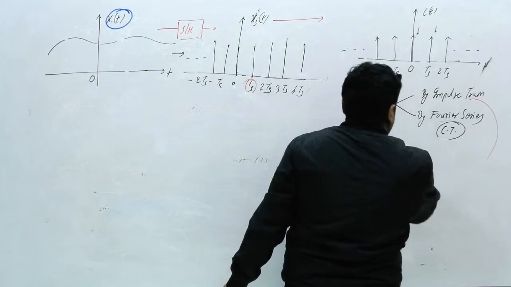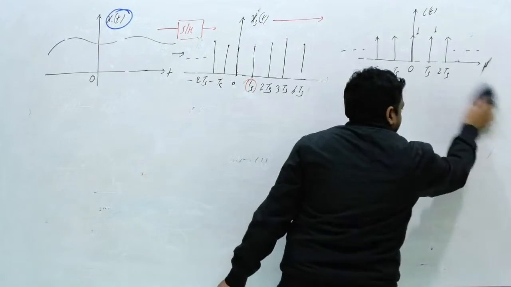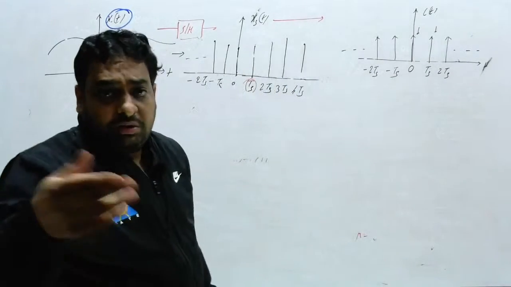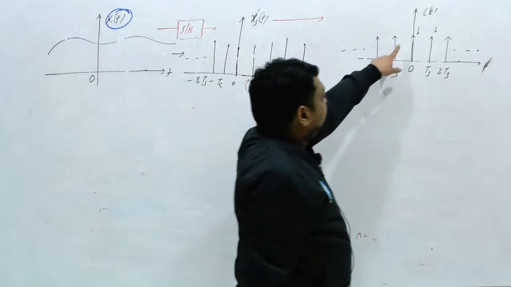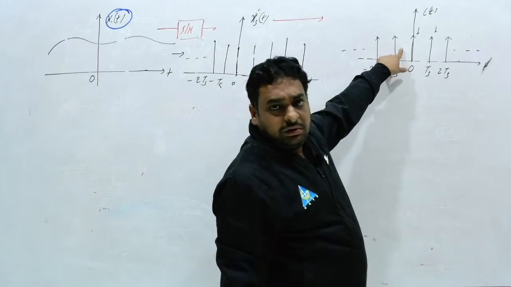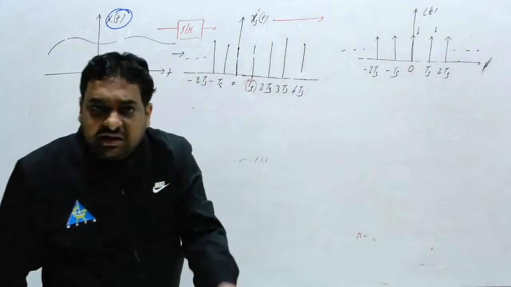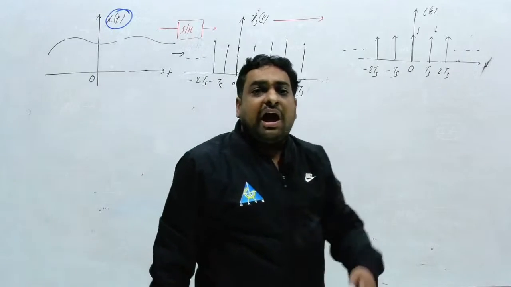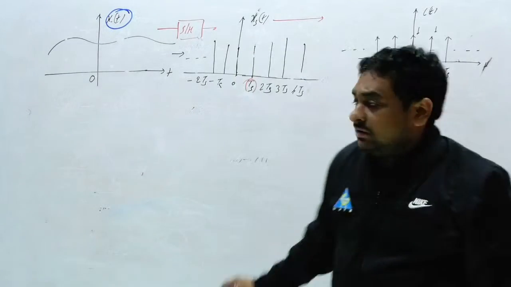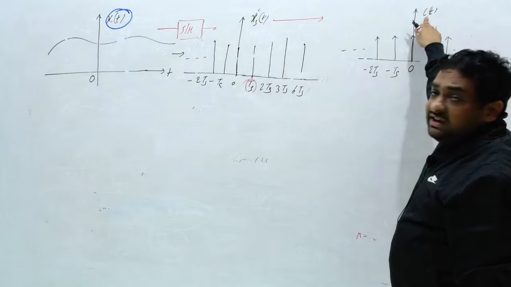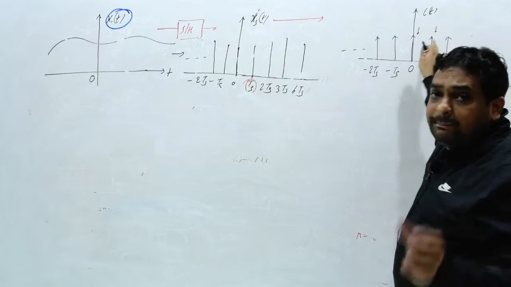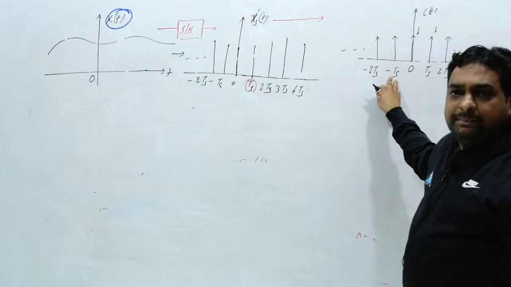Here we have three parameters. One more thing I want to tell you: three assumptions are possible. The first is ideal sampling, also called impulse sampling. If you assume c(t) as an impulse train, this is ideal or impulse sampling.